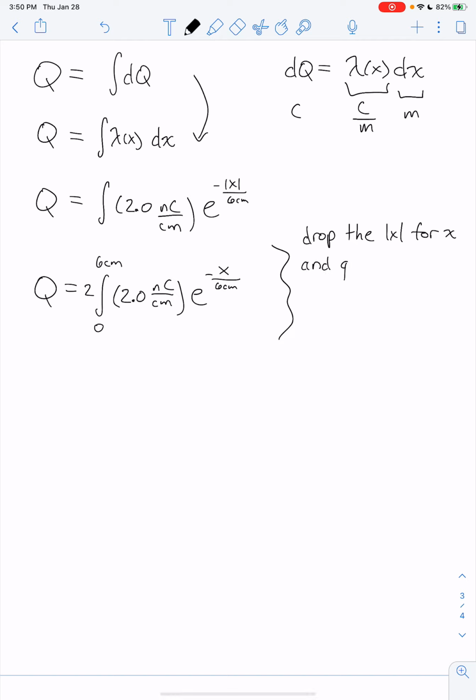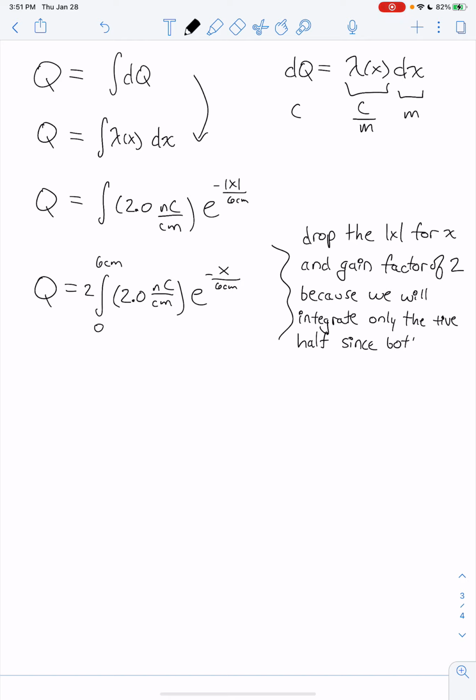And we're going to gain a factor of 2 because we will integrate only the positive half, since both halves are symmetric.